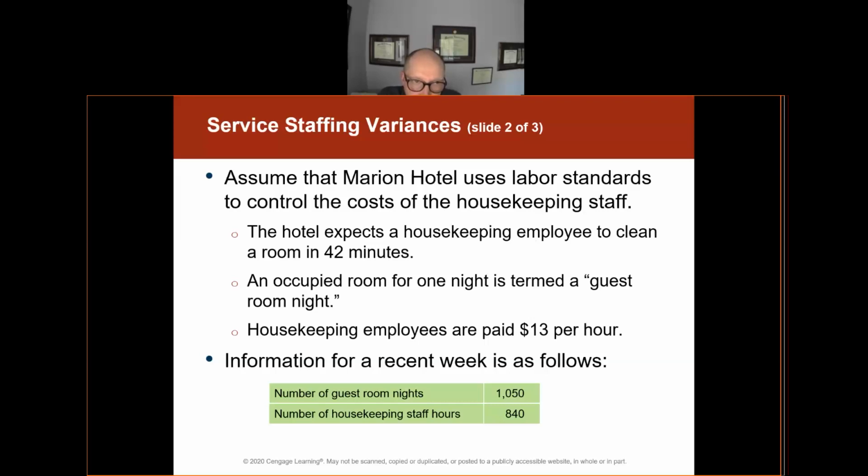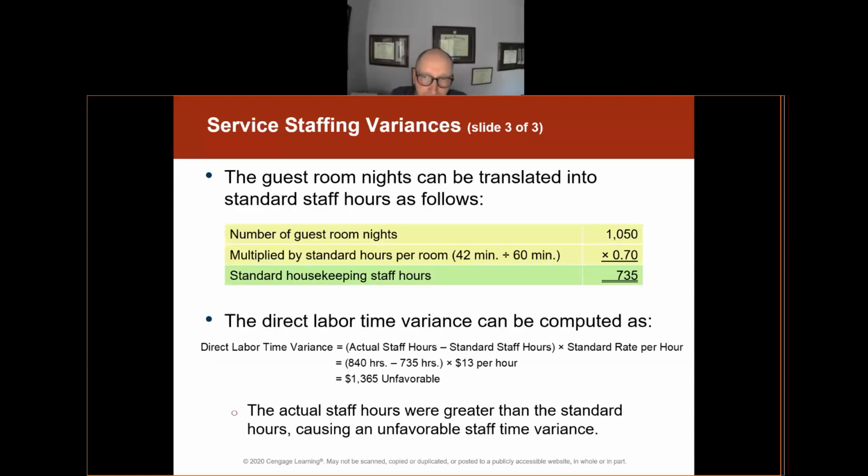And so if we use the information given to us, we have number of guest room nights, 1,500. We have the number of housekeeping staff hours, 840 hours total. Number of guest room nights, 1,500, multiplied by the standard hours per room, that's 42 minutes. That's 70 cents per hour per room.